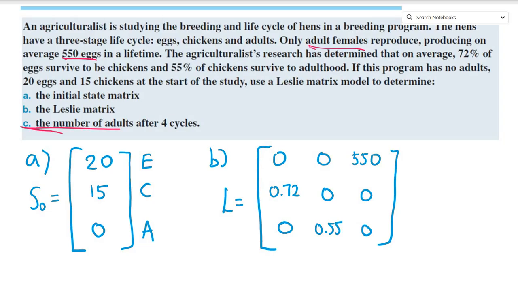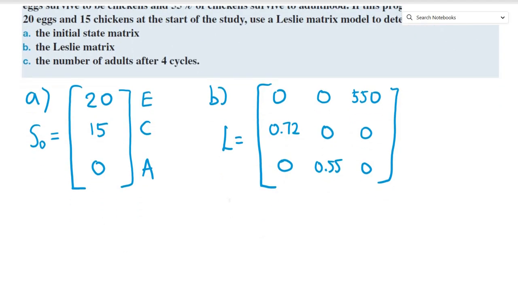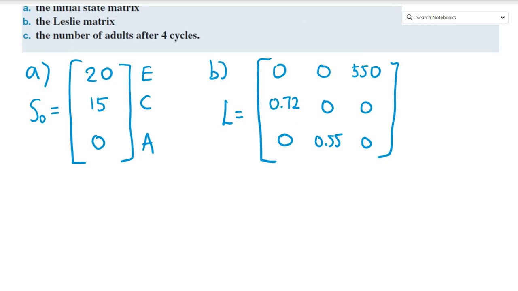And it asks us to find the number of adults after 4 cycles. So we're looking for the number of adults, but after 4 cycles. So for part C, we're looking for S4. We have our Leslie matrix, and we want to take it to the power of 4, and then multiply that with our initial state matrix. Again, that can be done on the CAS.